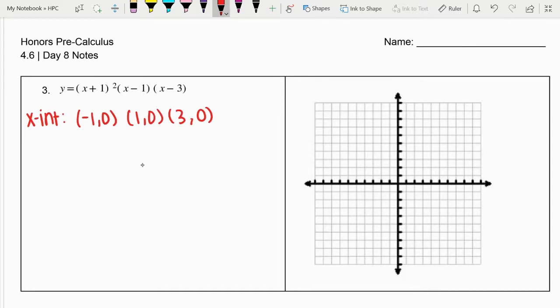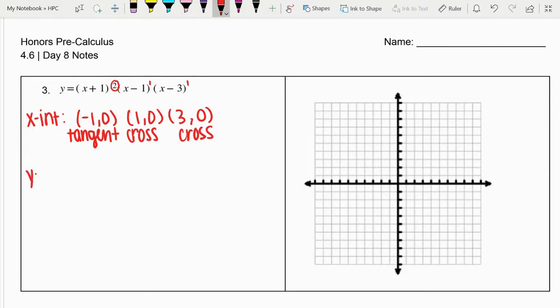So for our first one, we have multiplicity of 2. That is even, so I know that at (negative 1, 0), it is going to be tangent. At my x-intercept (1, 0), that multiplicity is odd, so it is going to cross the x-axis. And same with (3, 0), we are going to be crossing the x-axis.